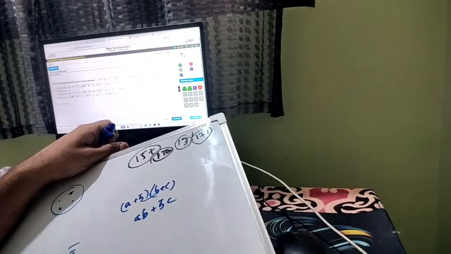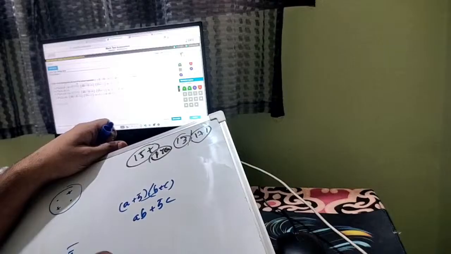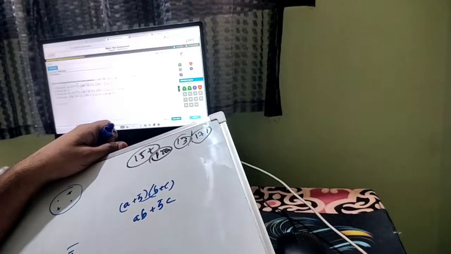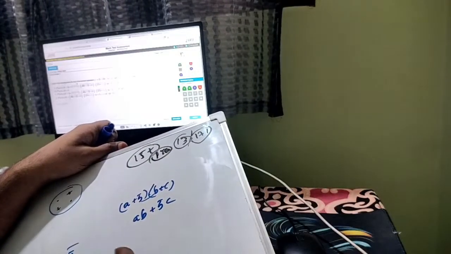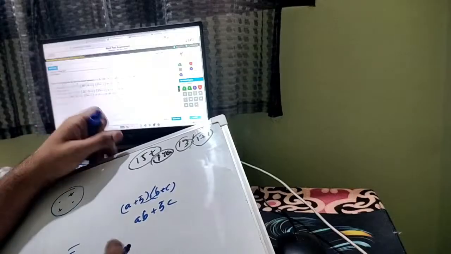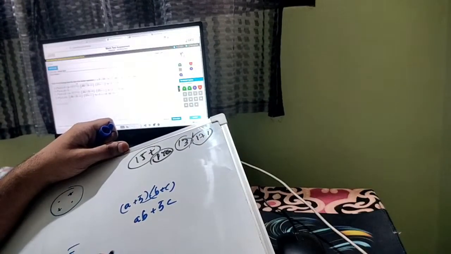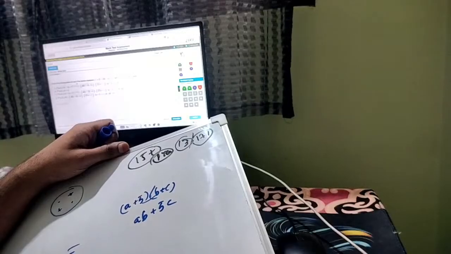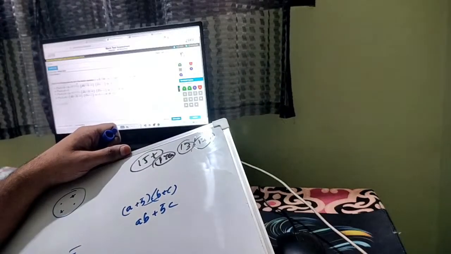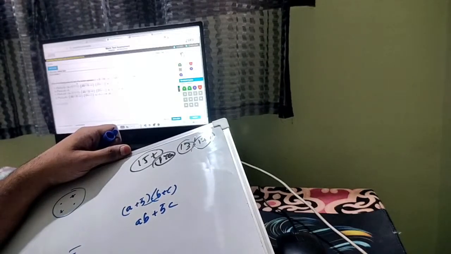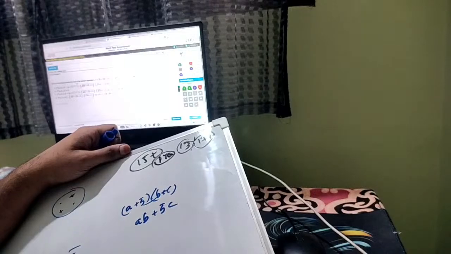So it's just like A into B into C bar. One will not do anything, so it will become plus zero. So okay, it will become AB.